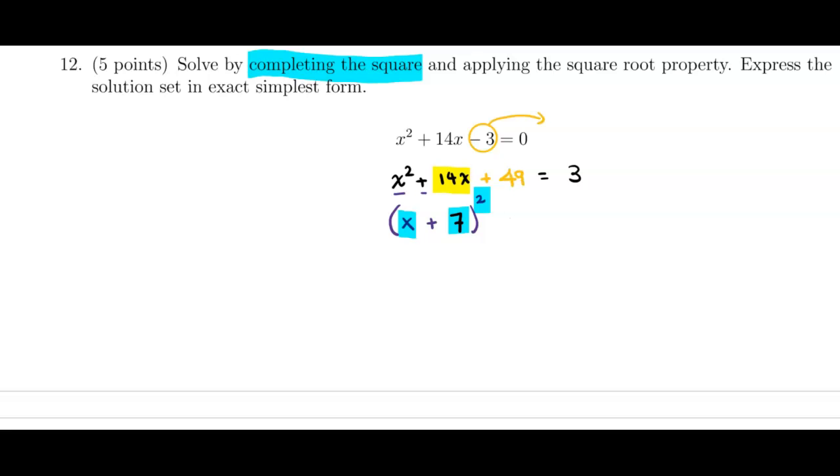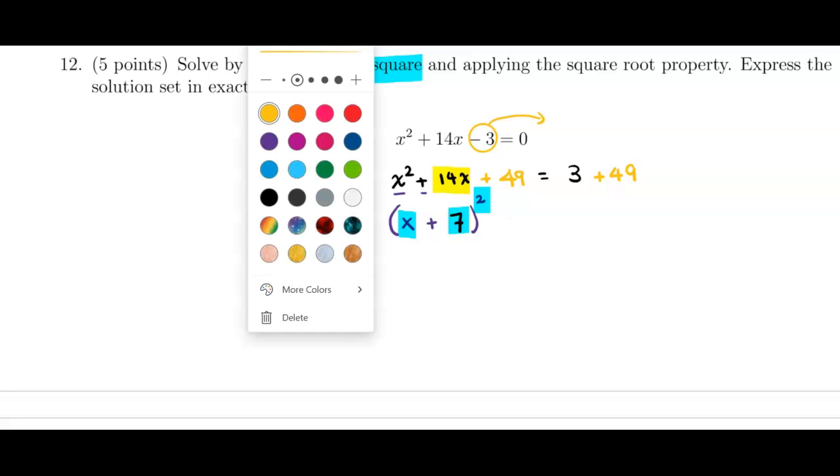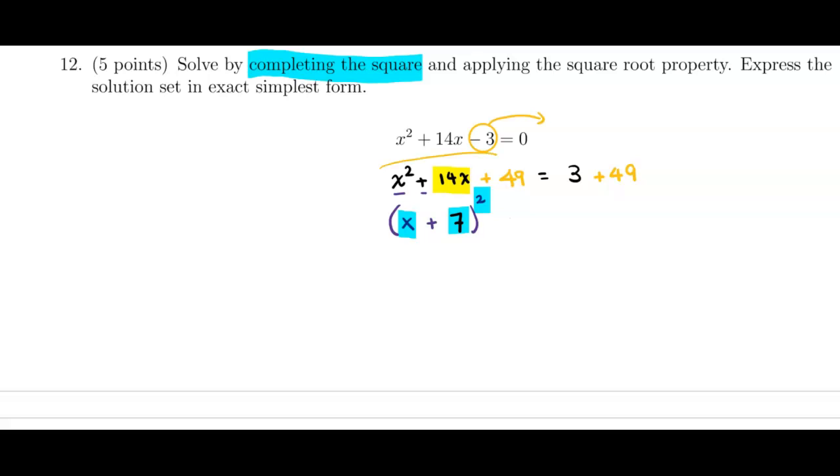Remember that 49 was not there in the equation, so in order to maintain the balance of the equation, you need to add 49 on the right side as well. So now I have the three terms over here equal to this trinomial.